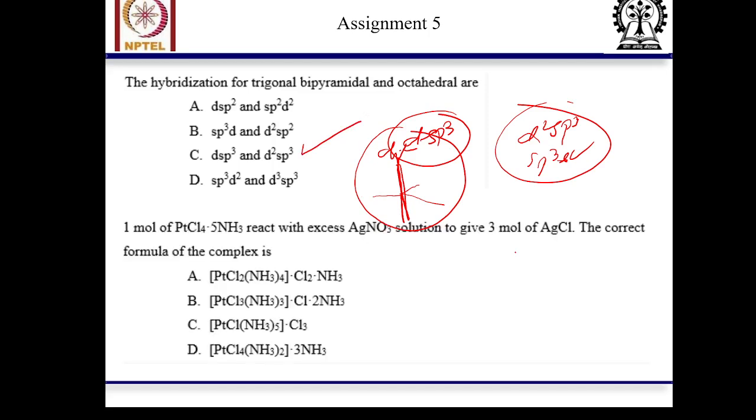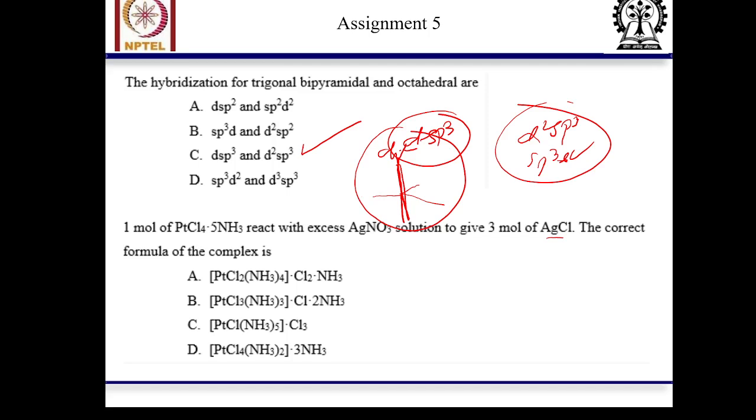One mole of platinum complex PtCl4 with NH3 reacts with AgNO3 to give 3 moles of AgCl. What is the correct formula of that? This is again the Werner theory. Werner theory said that there are two kinds of valency: primary valency and secondary valency. Primary valency is ionizable and non-directional in nature. Secondary valency is non-ionizable and directional in nature.